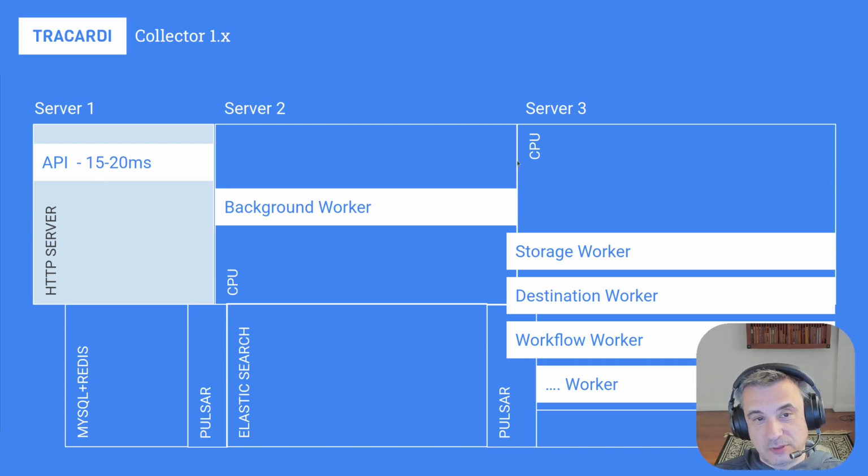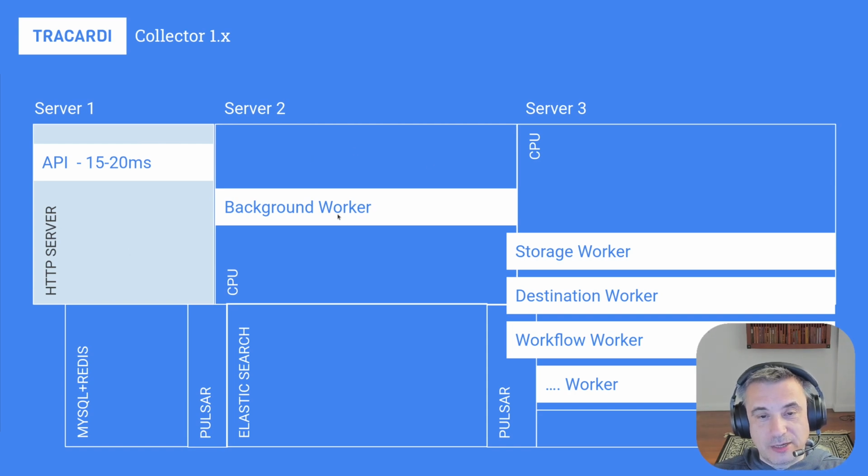Then on a different server, on a different thread actually, there is a background worker. This is a general purpose worker that will process the data. It will store it in Elasticsearch. It all depends, because the worker can do different things, but most of the time it will probably store the data in Elasticsearch. But this is separate from this thread, from this process, so the user waits a lot less.